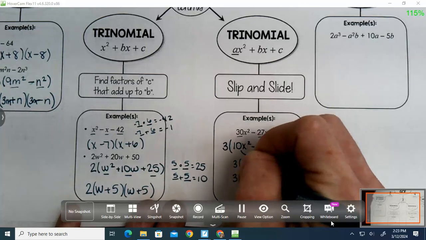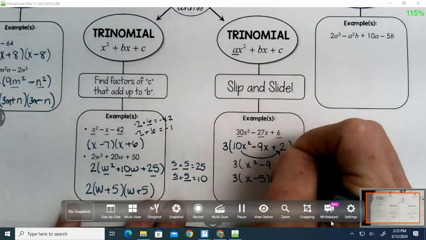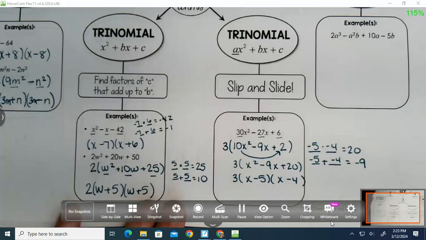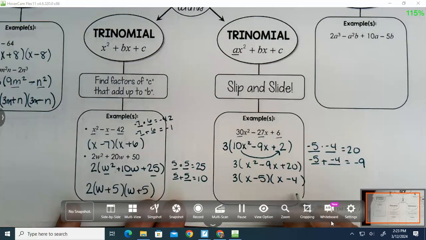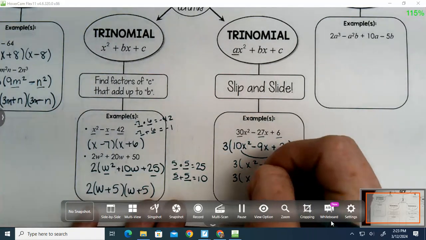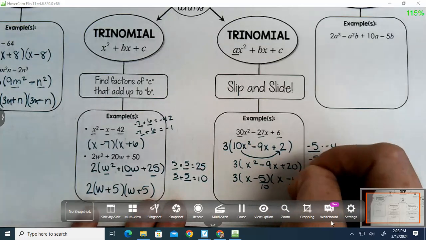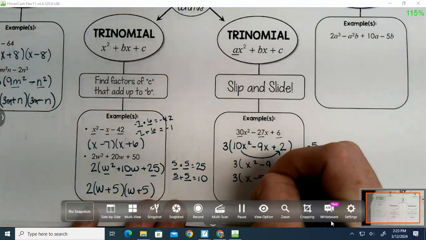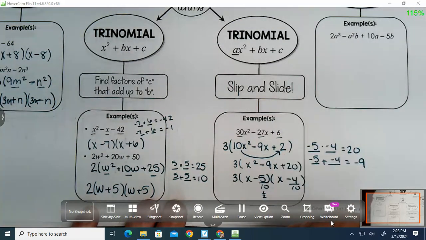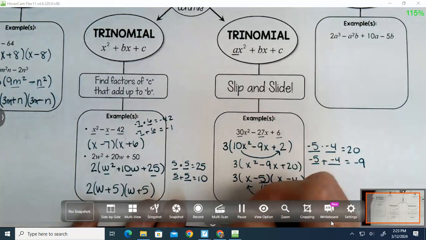So we have x minus 5, x minus 4. Now what could we do? Or what do we need to do, I should say. Okay, so 5 over 10 reduces to 1/2. So you slide the 2 back in front.